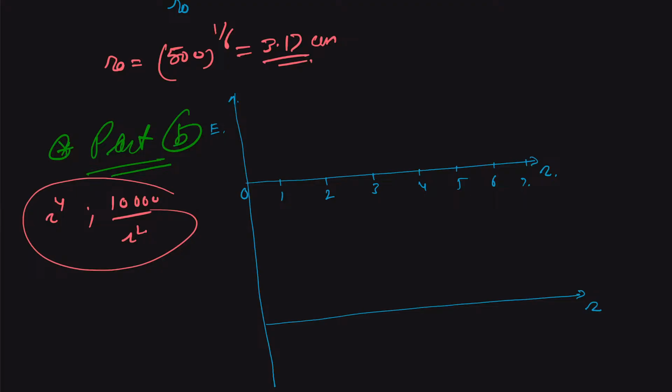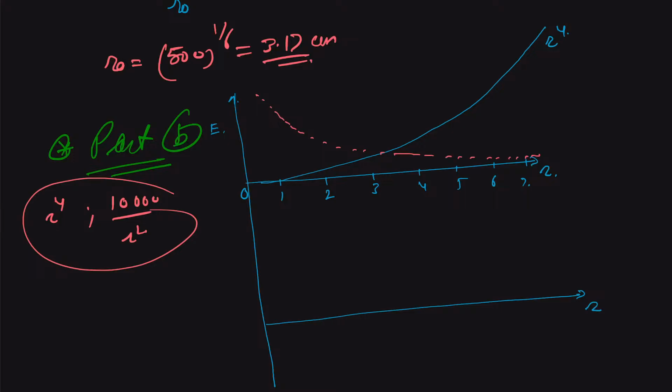So this R^4, we can just say that it will be rising like this, and this is our R^4. Okay. And the second graph, that is 10,000 divided by R^2, will be coming downward like this, and it will be an asymptotic graph.